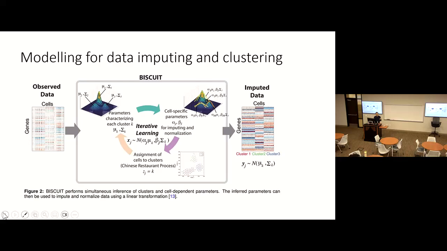So this is one of the modeling procedures people use to solve this problem. However, this method, BISCUIT, which does library correction and also imputation and clustering at the same time, is not widely used, although it's statistically very sophisticated. The reason is that it is slow.